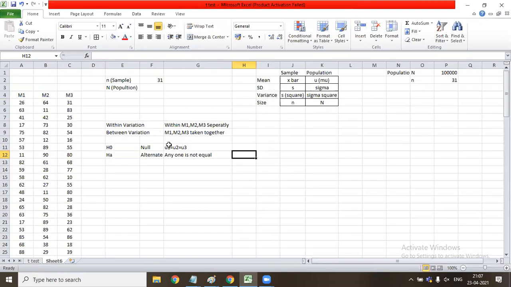For ANOVA, the null is all 3 mu's are equal. All 3 means of M1, M2, and M3 are equal. The mean of M1 is mu1, the mean of M2 is mu2, the mean of M3 is mu3, that's why I've written mu as a symbol. But mu is for population and x bar for sample.